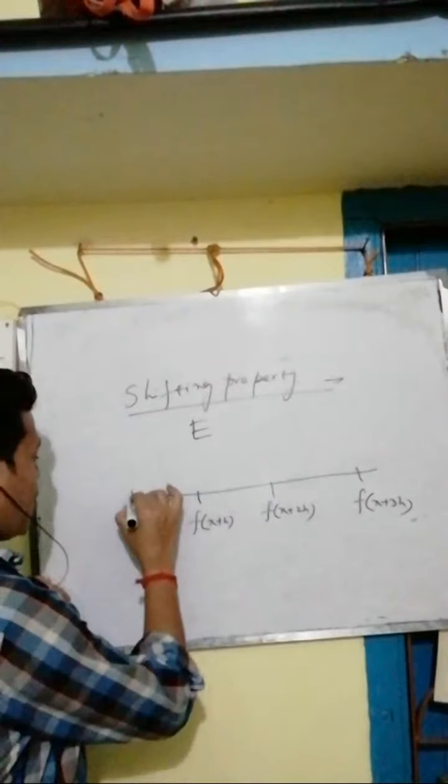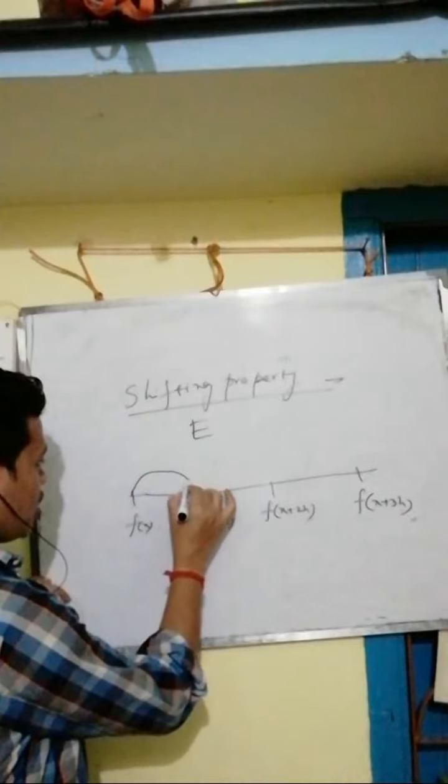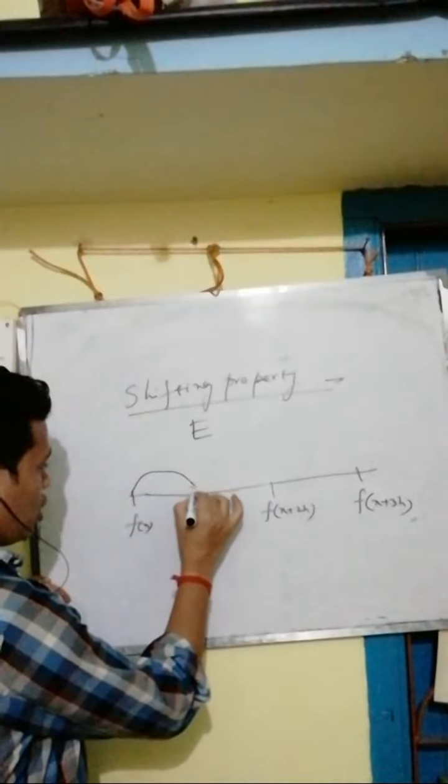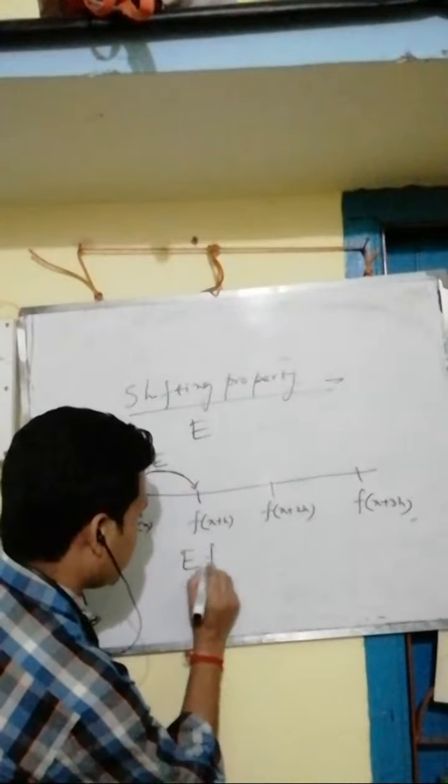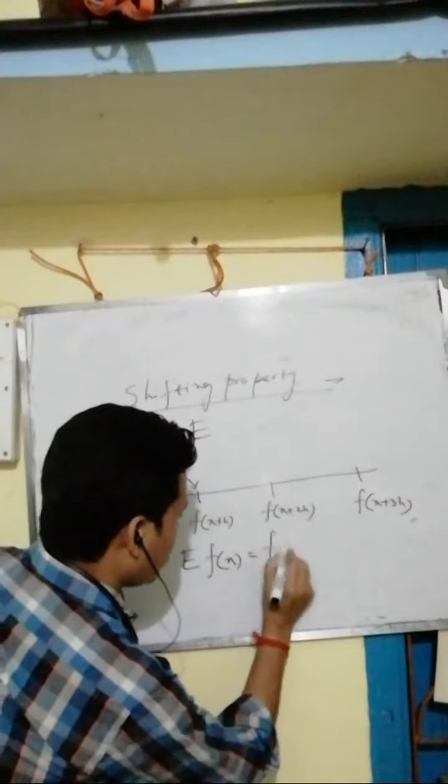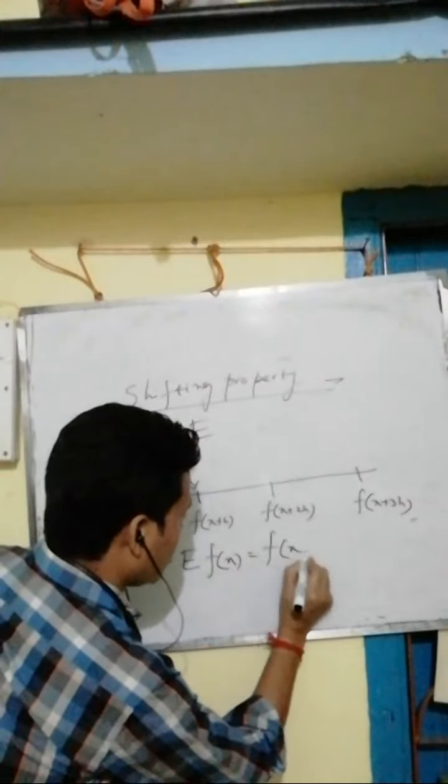Shifting operator is denoted by capital E. Always remember that shifting operator is denoted by capital E. If I apply the shifting operator, then the function goes to the next interval. That means if I apply E upon f of x, then the value we get is f of x plus h.